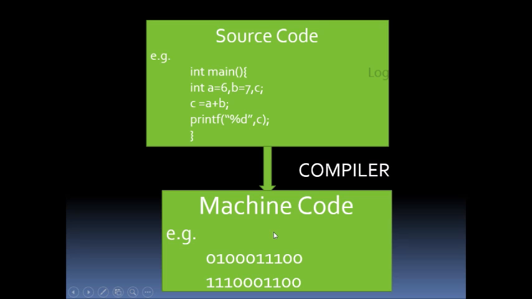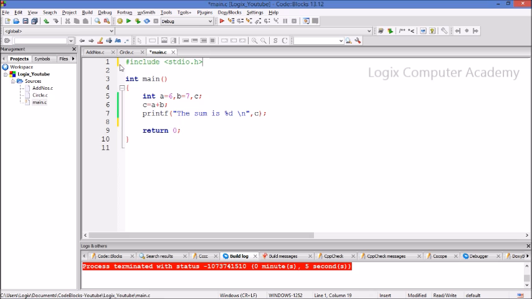Now let's see what we have written in this program. We have written the first line as #include stdio.h. Include is a preprocessor directive. So whatever you write after include will be processed first before processing the program.